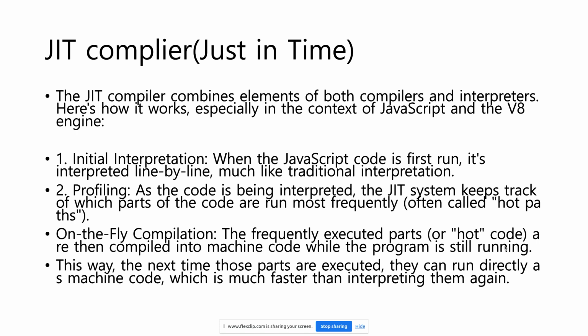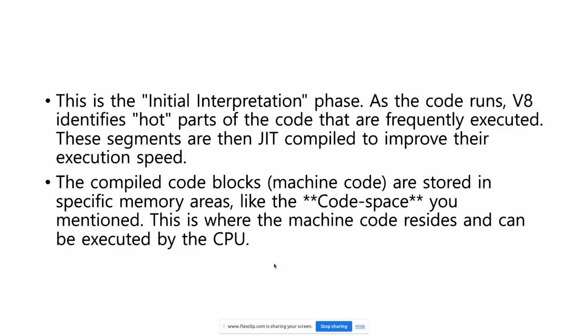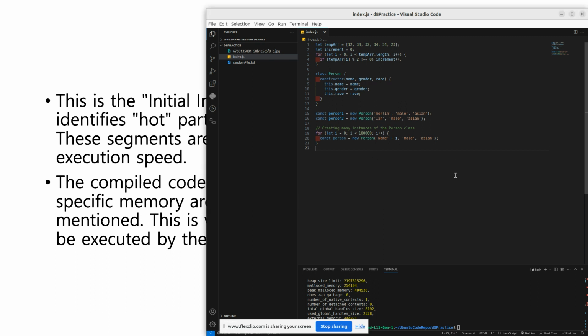If the hot code runs again, we reuse the compiled machine code, and that is much faster than before. This is the optimization technique, and those code blocks are stored in the Code Space. Let me show you.